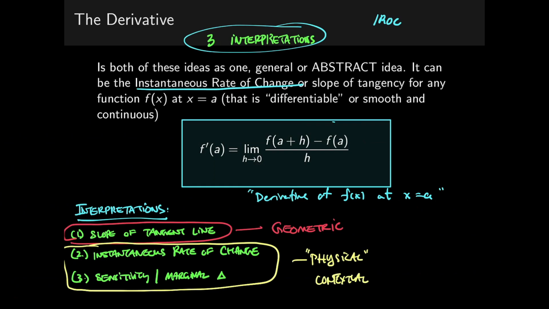But I mean, kind of like an application more than a purely geometric problem like trying to find the point of tangency on a circle, which is something that Archimedes and his contemporaries were interested in. But usually nowadays we're more interested in the contextual physical applications of the derivative. But at any given moment in any given problem, you really need to kind of have all of these versions of it in your head since it's abstract.